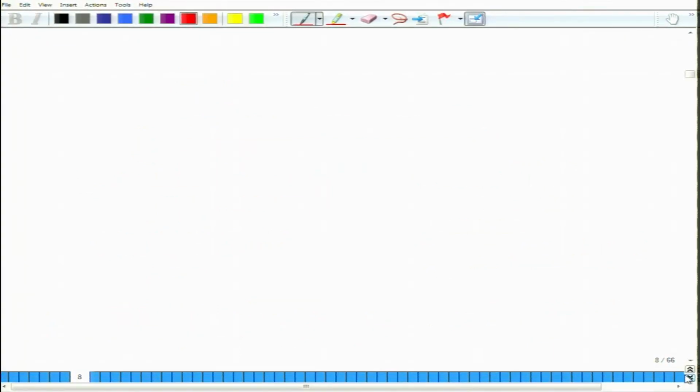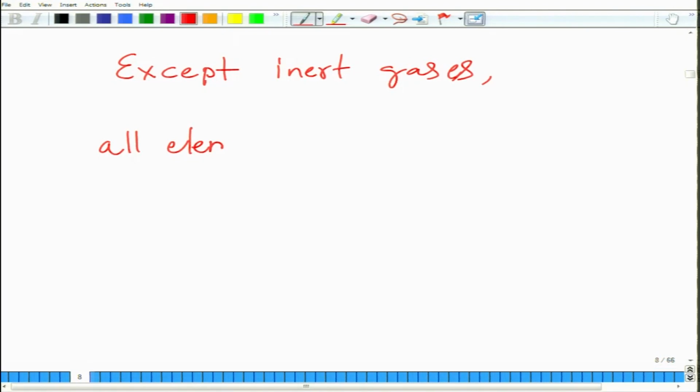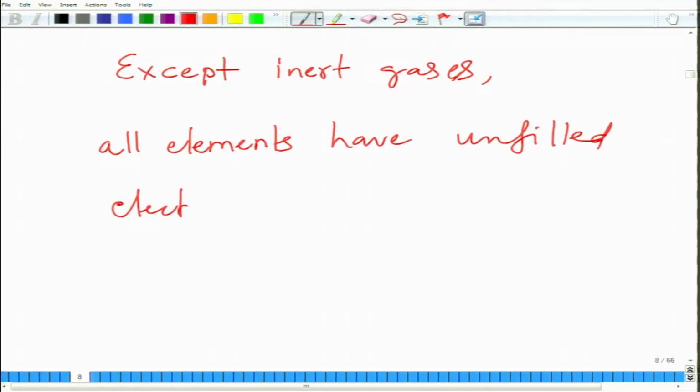So, as we can see, except inert gases, all elements have unfilled electronic orbitals, right, and as a result they are not stable, they are unstable, which means to be stable they have to have a stable configuration.